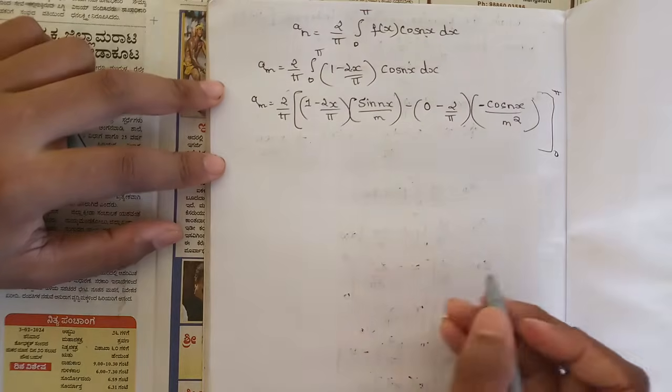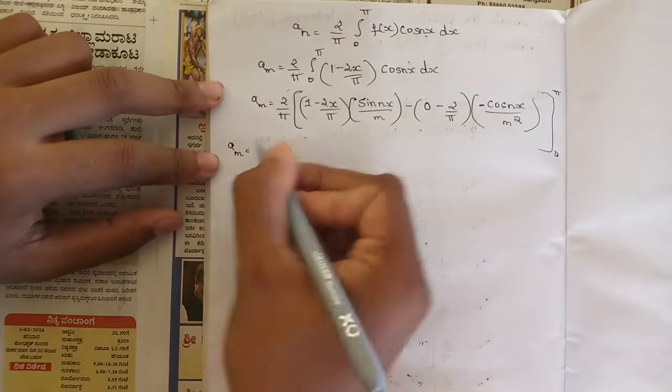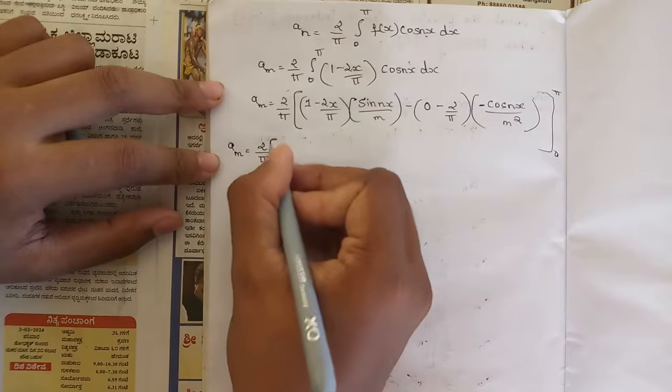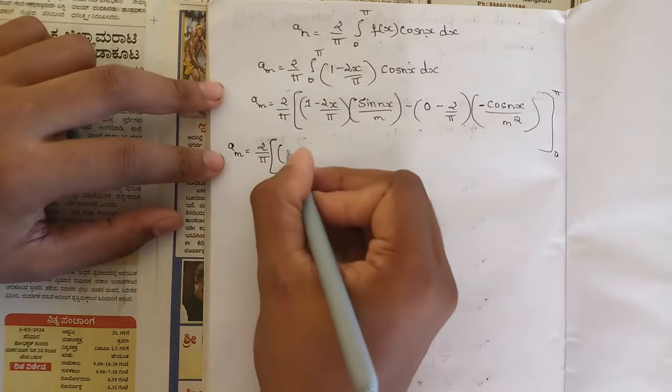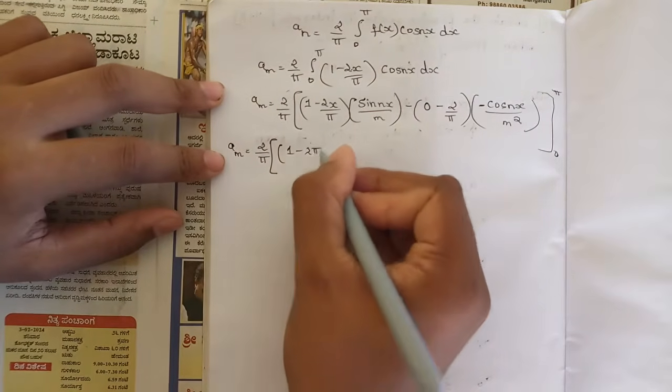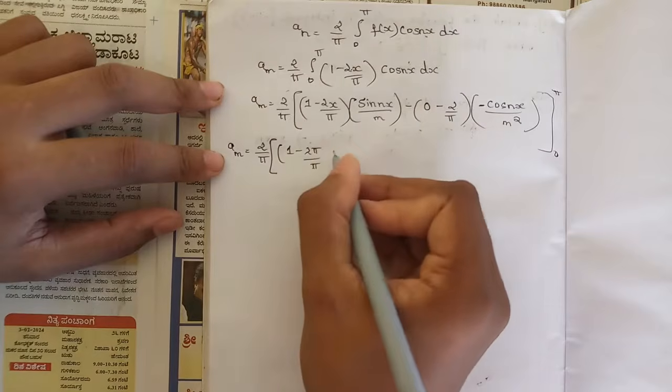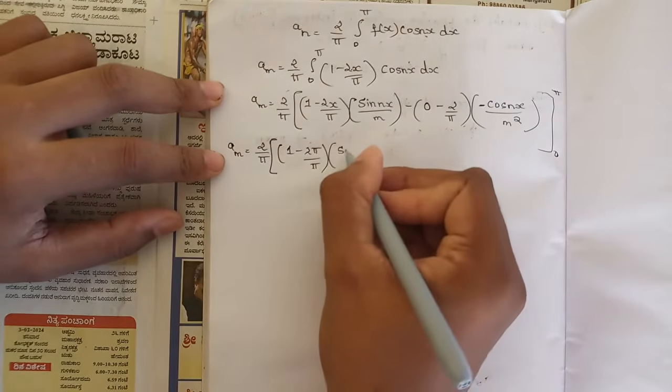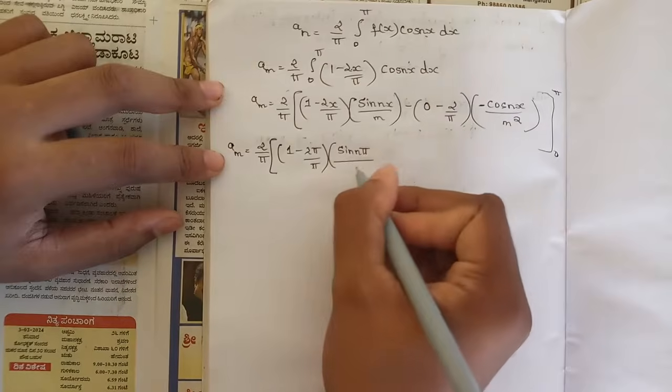Now we need to substitute the limits. That is 1 minus 2 pi by pi, sin n pi by n.